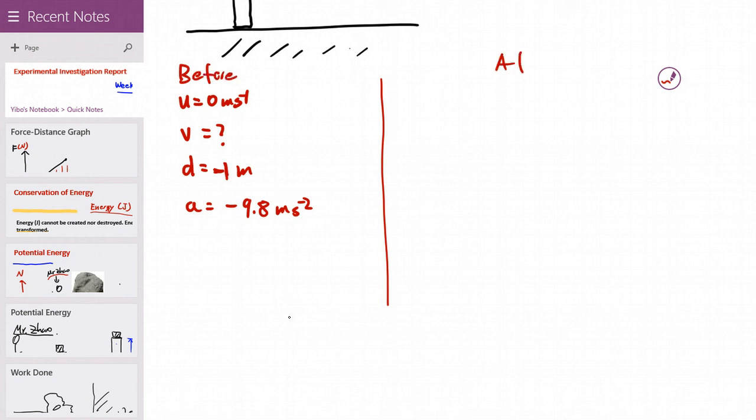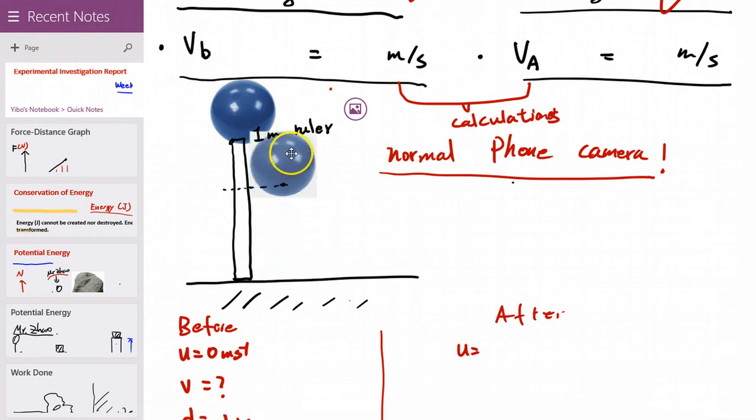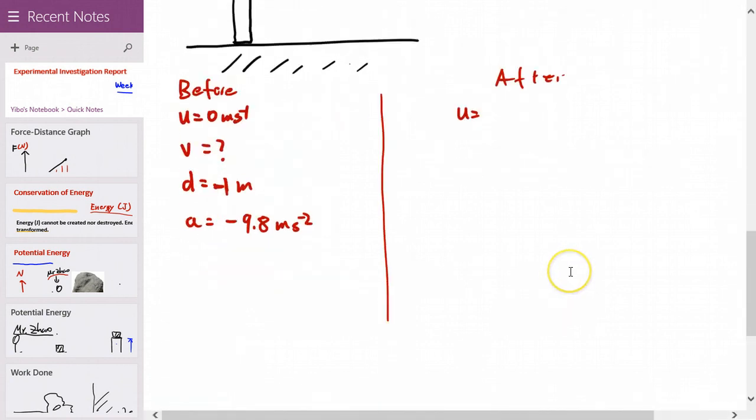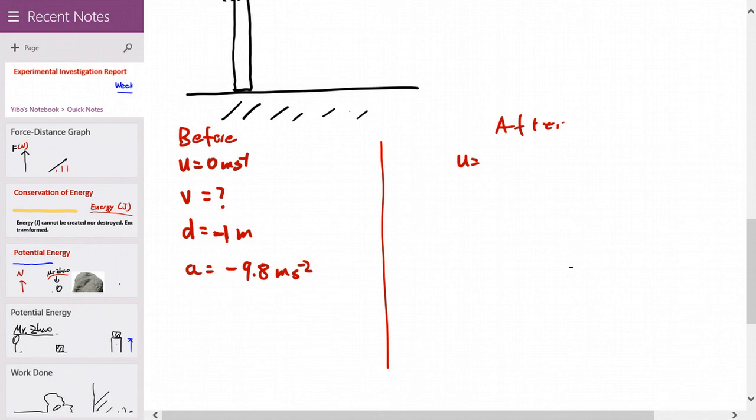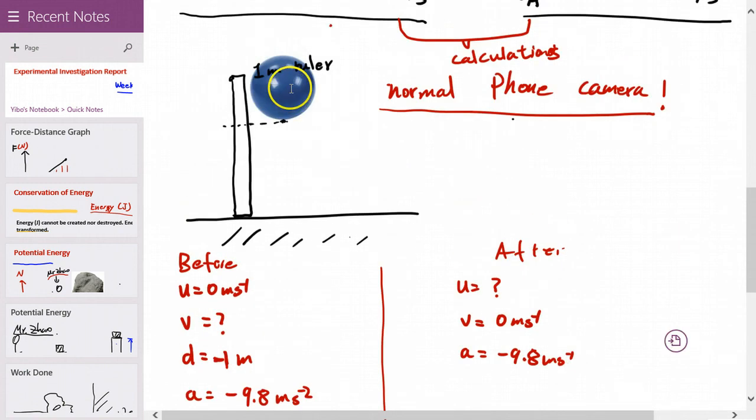After the impact, we need to find the velocity right after the impact, when it bounces up to there. The final velocity will be 0 meters per second, and the acceleration will be minus 9.8 meters per second squared. And we need to know how much it bounces up.